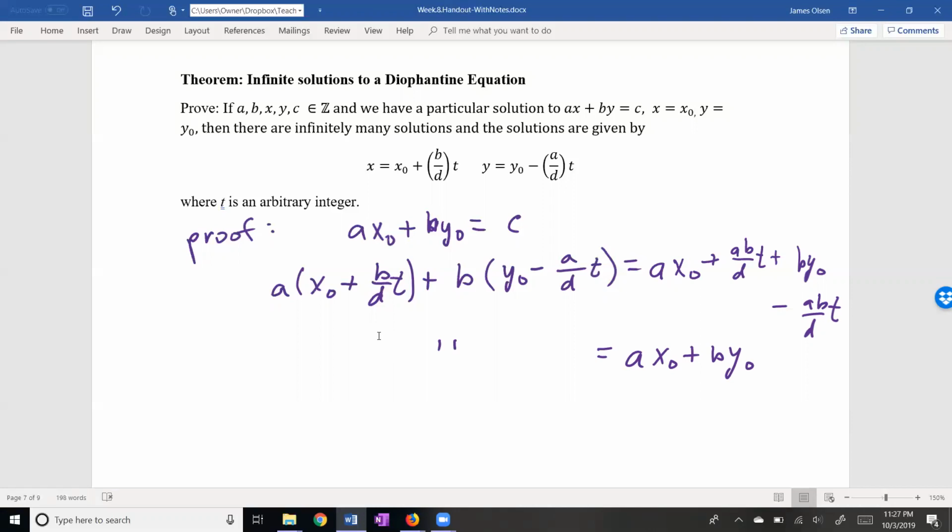And we know above that ax naught plus b y naught was c, so I can make my conclusion: a times x naught plus b over d t, plus b times y naught minus a over d t, equals c, and I have shown that this is a solution, and my proof is done.